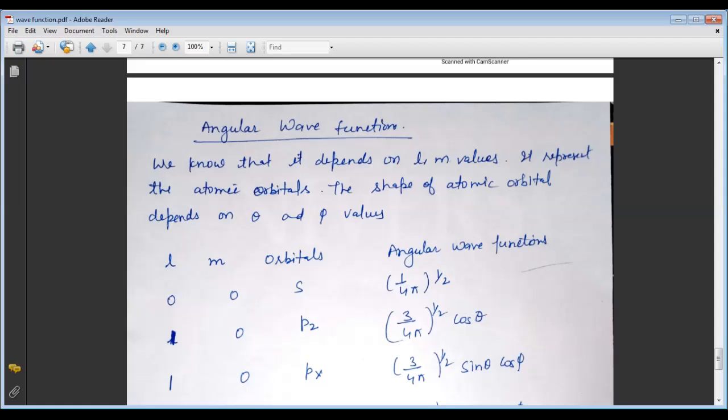The shape of an atomic orbital depends on the theta and phi values. When l is equal to 0, m is equal to 0, and the orbital is s. So the s orbital is independent of l and m values. The angular wave function is under root 1 upon 4 pi, independent of the angles theta and phi.